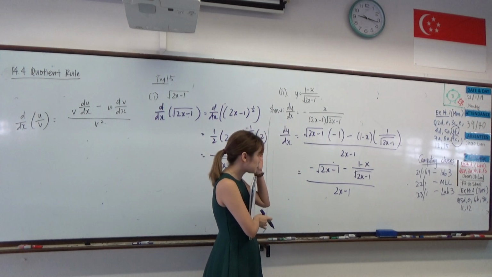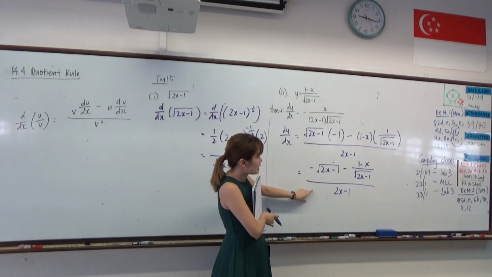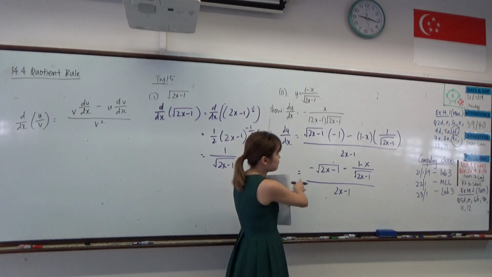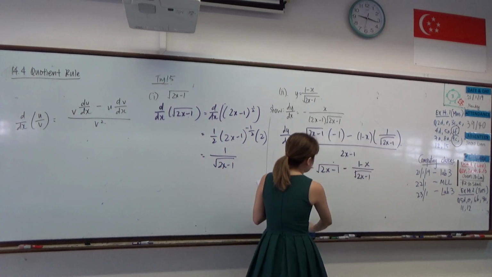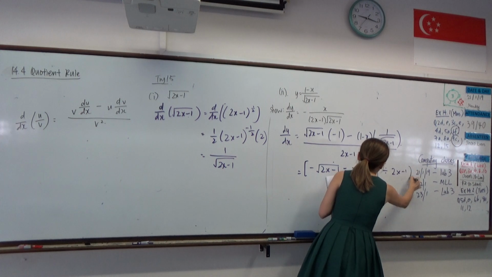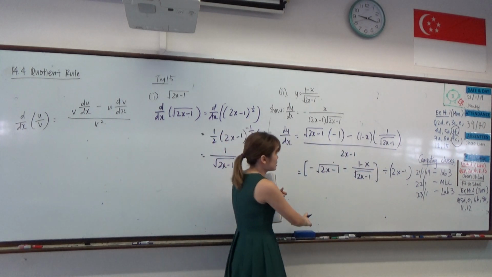Then after that, we need to simplify the numerator. Then after that, our denominator, make it into a single fraction. If you find that it's a bit confusing like that, what you could do is that instead of writing it into a fraction, just put divide by 2x minus 1 now. Right, so that might actually help a bit.